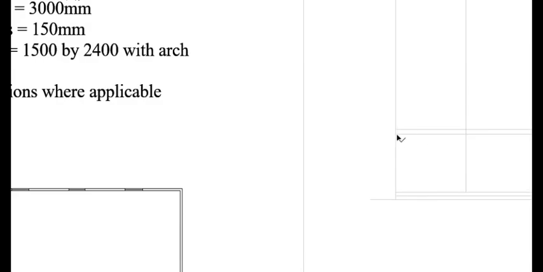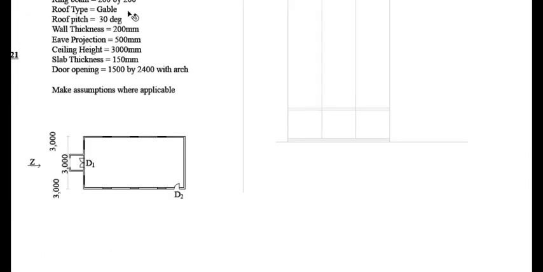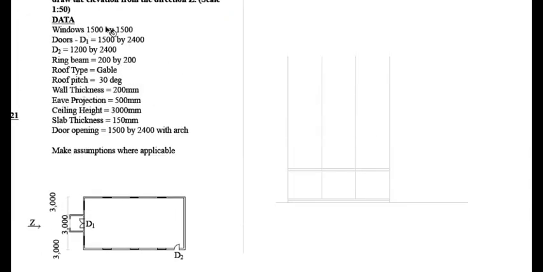From this point, since you are told that our windows are 1500 by 1500, we are going to draw it. So draw the level.